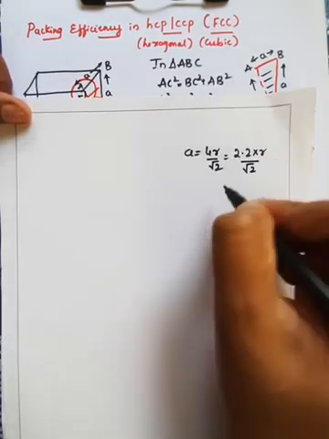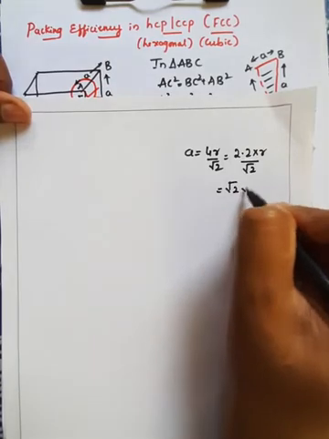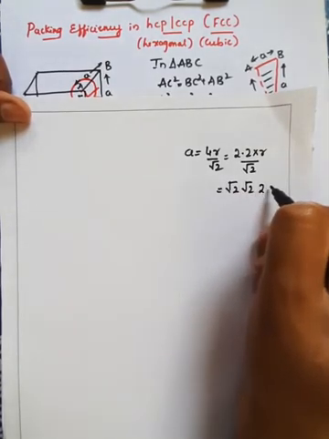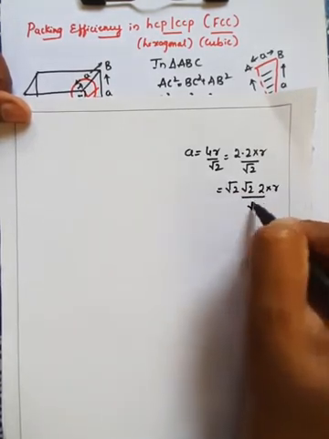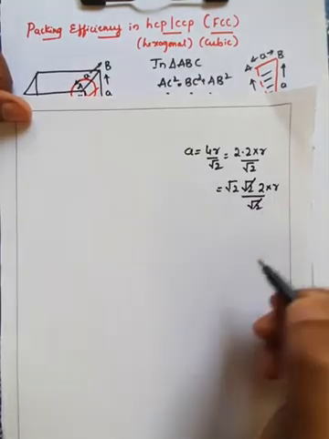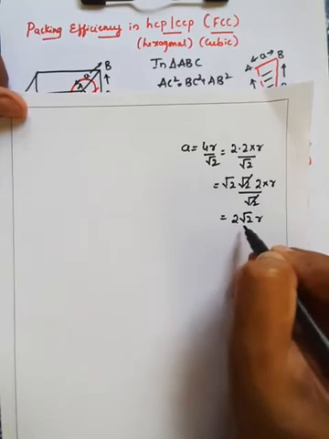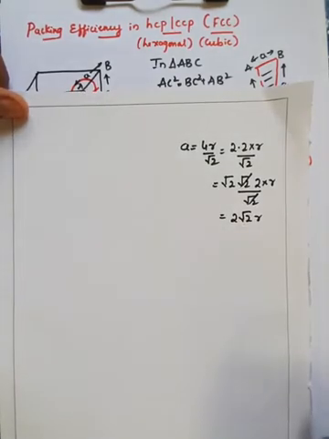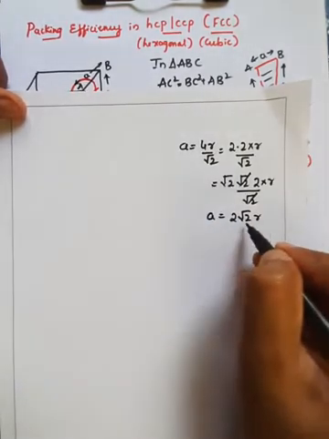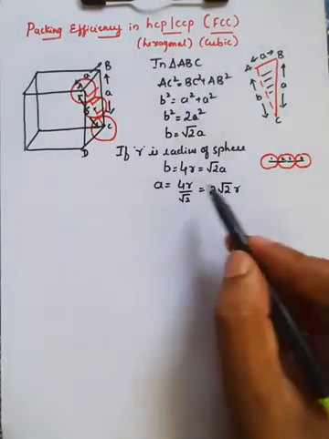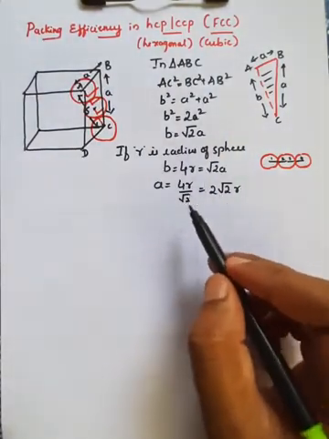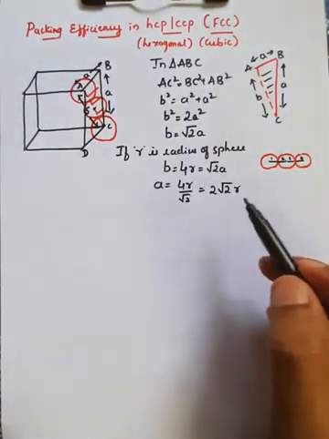Then 2 can be written as root 2 into root 2, divided by root 2. If you cancel one root 2 with root 2, the overall value will be 2 into root 2 into r. So 4r divided by root 2 is equal to 2 into root 2 into r.